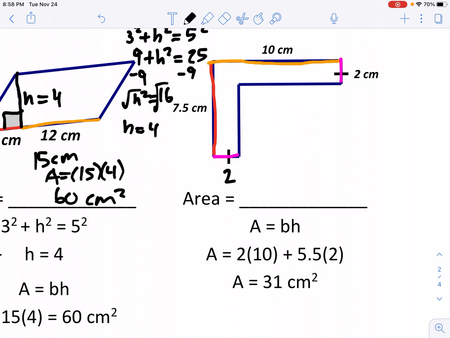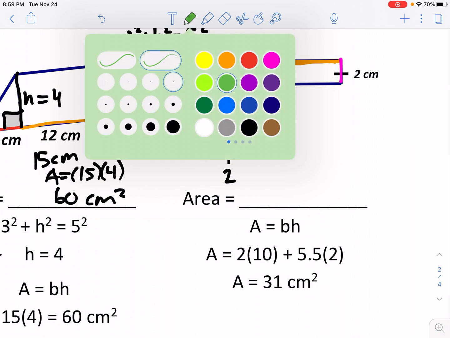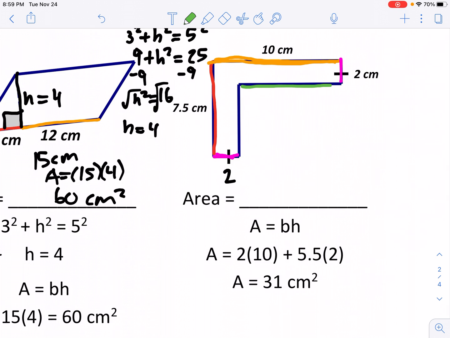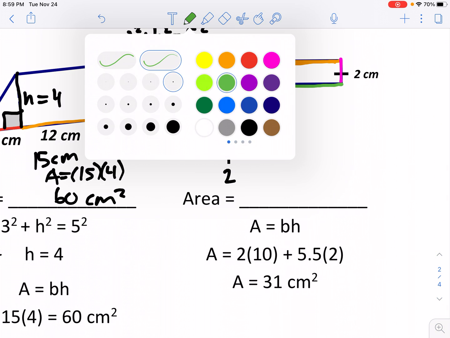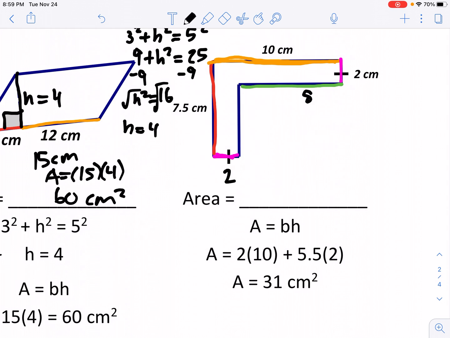Well, if the top value over here is 10, okay, and we know that this guy over here at the bottom is 2, then 10 minus 2 should give us, let's use this color, should give us this guy, right? 10 minus 2 should give us that guy. So if that's the case, 10 minus 2, we'd have 8 centimeters.